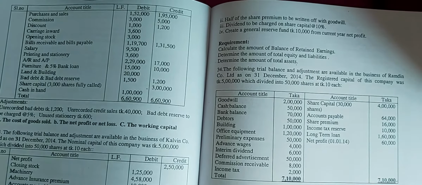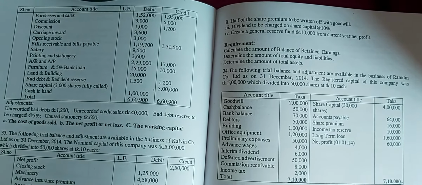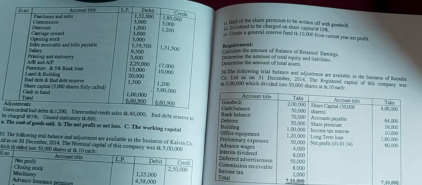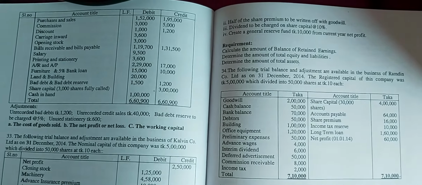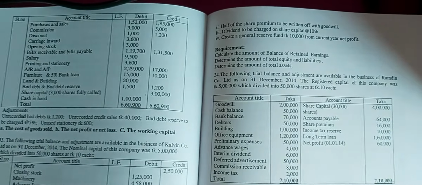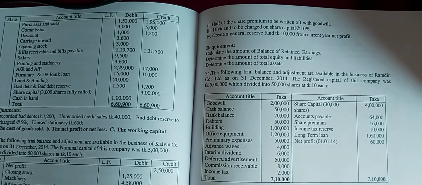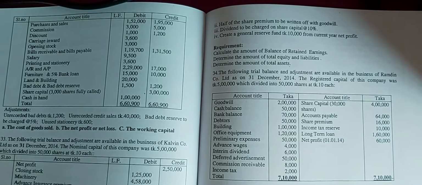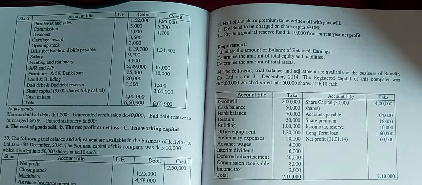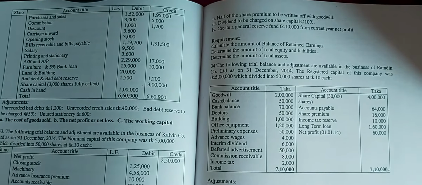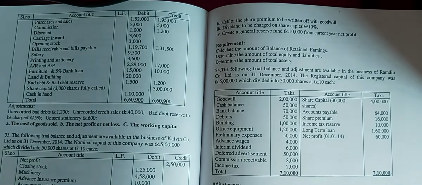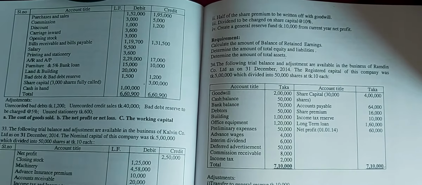Adjustment number 3, dividend to be charged on share capital. Dividend declared or dividend proposed: when dividend is declared or proposed, then it is indicated at first as an appropriation of the retained earnings statement, and then it is treated as current liability.